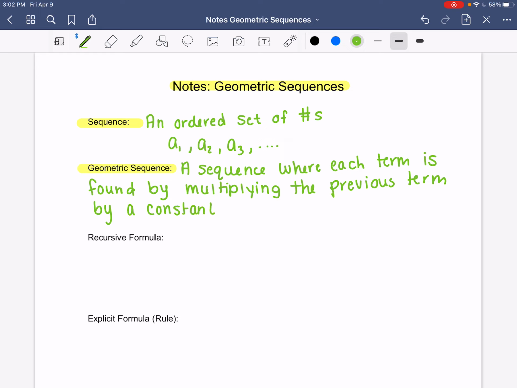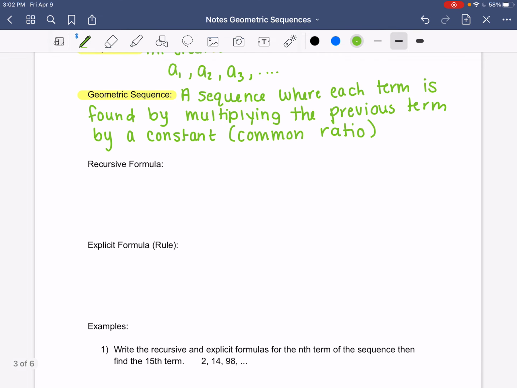And we call this number our common ratio. So last week we had a common difference. This week we have a common ratio.